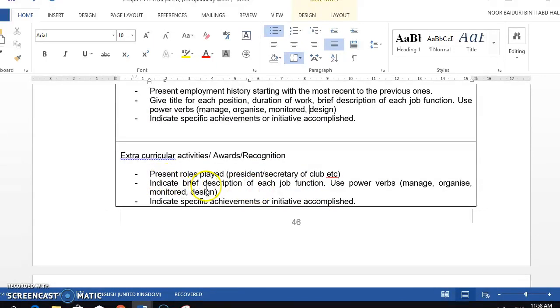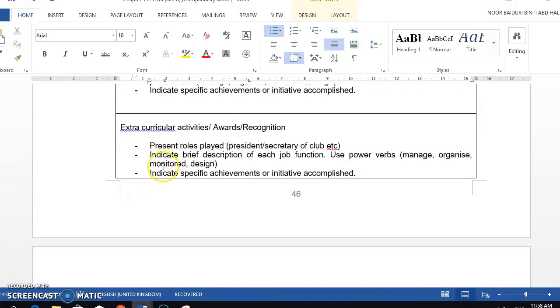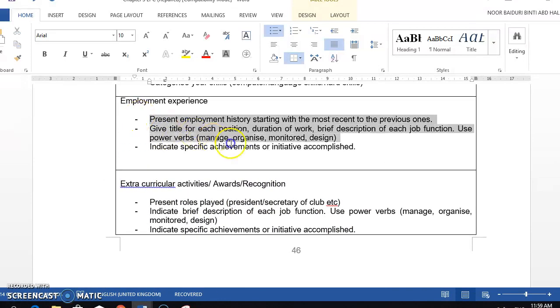Okay, you can indicate the job description. Okay, and use power verbs, same as for employment experience. Okay? And also indicate specific achievements or initiative accomplished. So this should play the same role as what the employment section is playing for you.